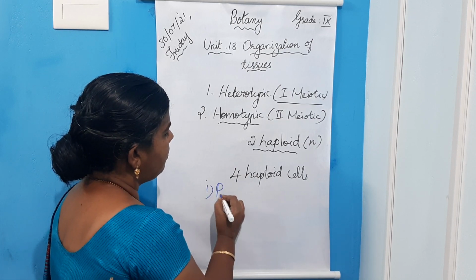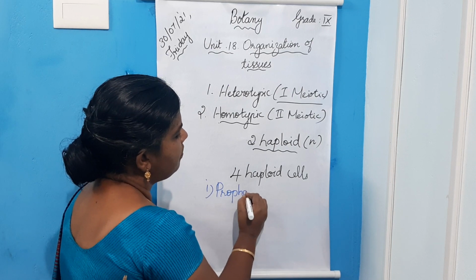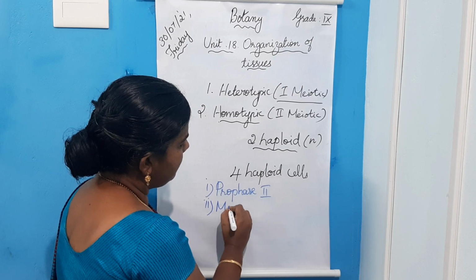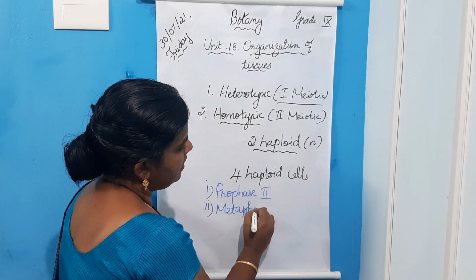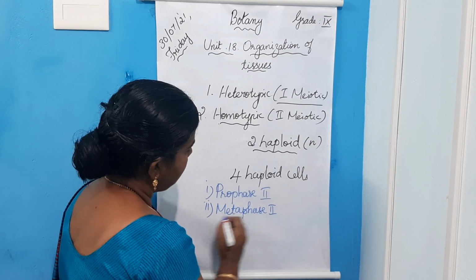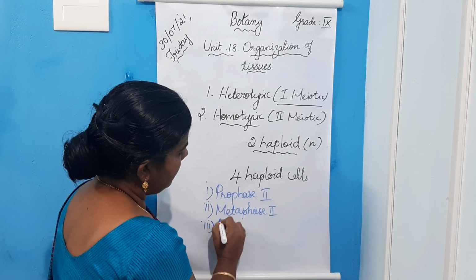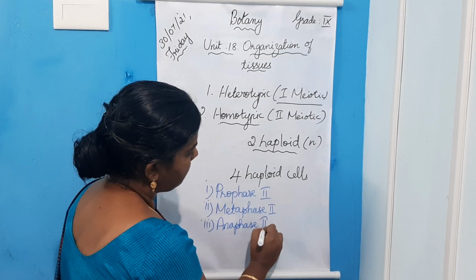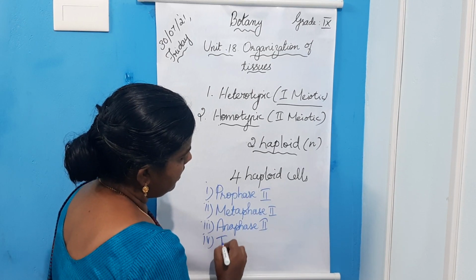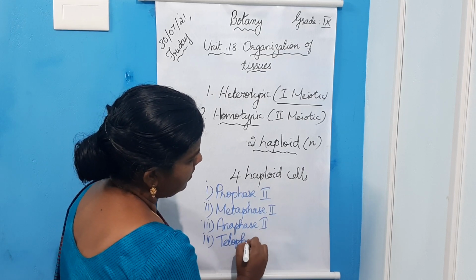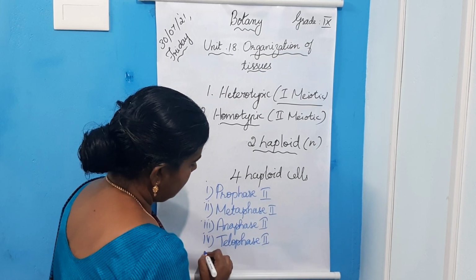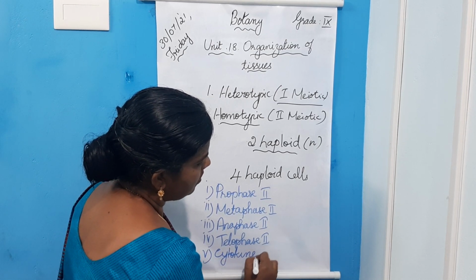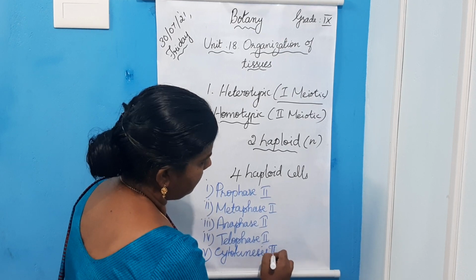One is prophase 2, second is metaphase 2, third is anaphase 2, fourth is telophase 2, and the last one is cytokinesis 2.